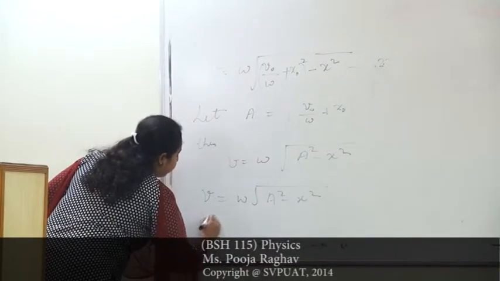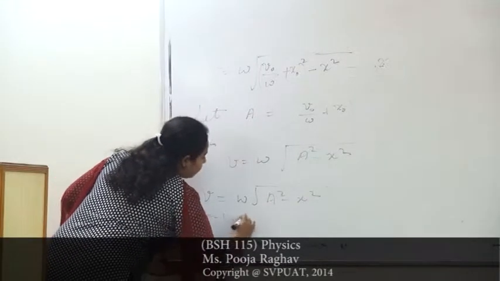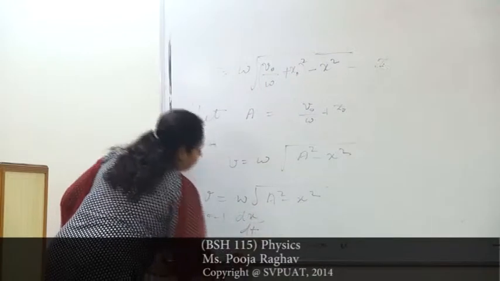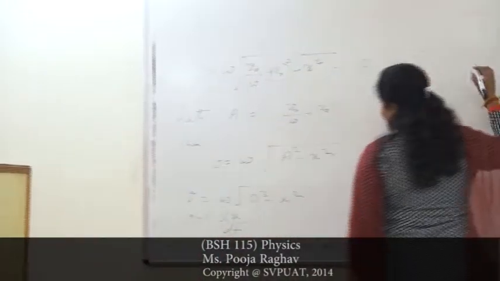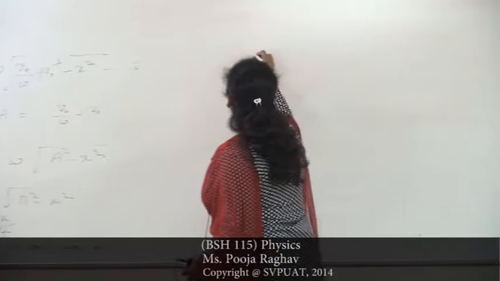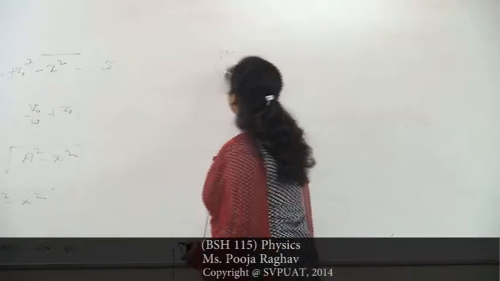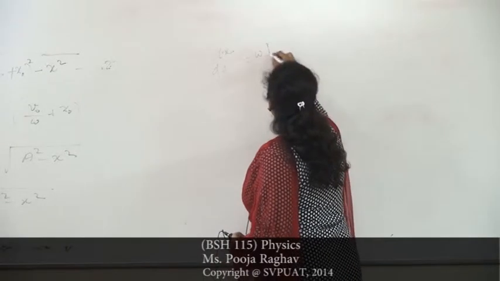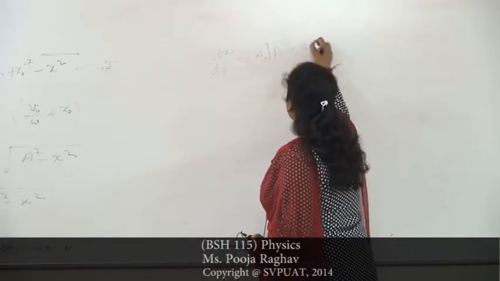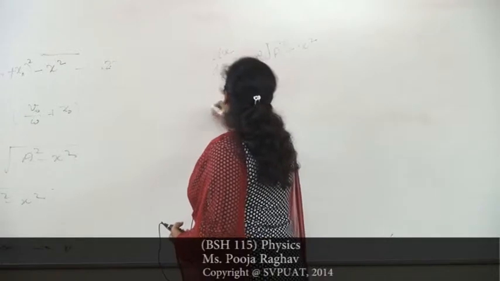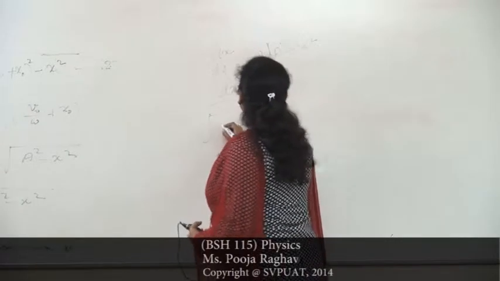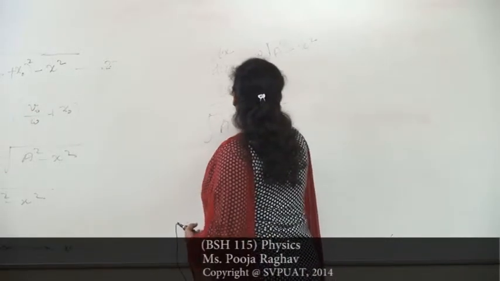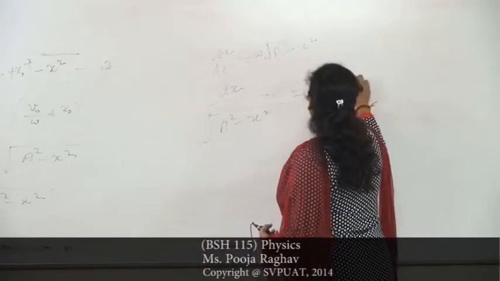Then we can note that v equals dx over dt, because velocity is displacement upon time. Then the equation becomes dx over dt equals omega under root a square minus x square, so dx over under root a square minus x square equals omega dt.